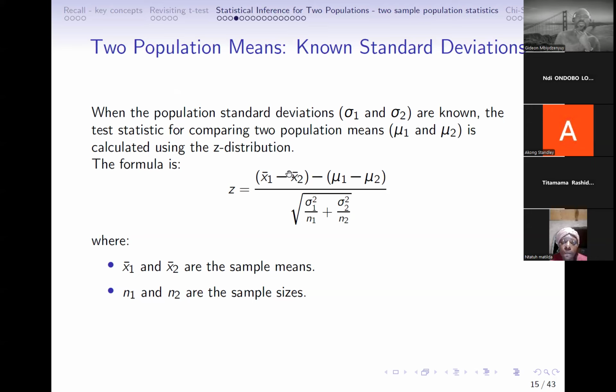So we use this statistic if we know the standard deviation of our populations. And what did we say again about the standard deviation of the populations?